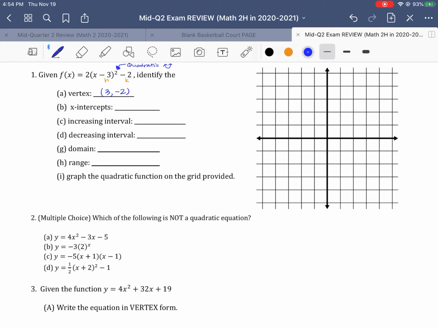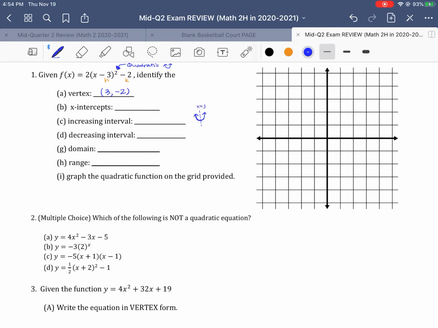Our x-intercepts I'm going to get from the graph. The increasing interval, remember it increases on one side and decreases on the other. This has a positive 2 out front, so this guy is going to be opening up. And if that was our axis of symmetry, remember that goes through the vertex, so x equals 3.